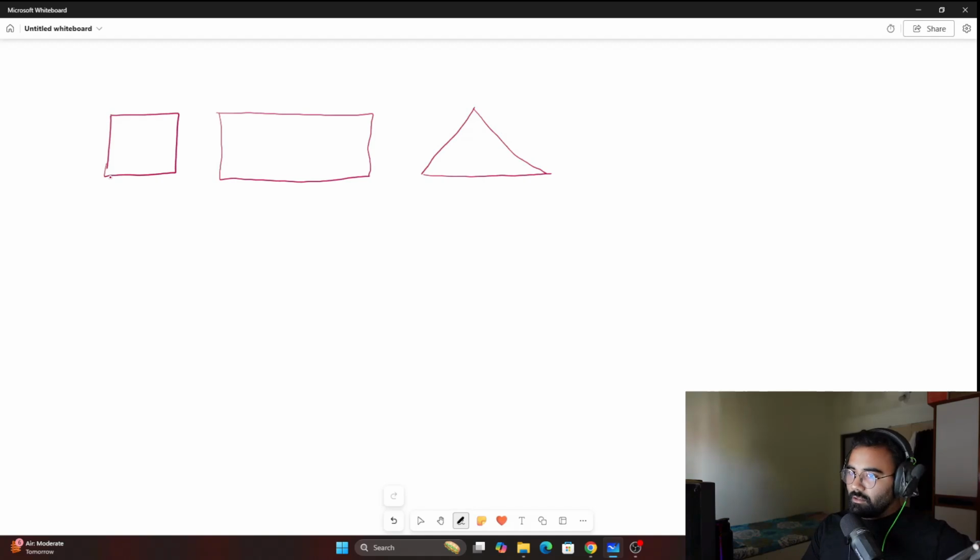So perimeter, if I had to say, imagine you are running. It is your sports time in your school and your sports coach has asked you to make 2, 3, 5, 10 rounds of the sports ground that you have. So how would you know the distance that you will need to run?